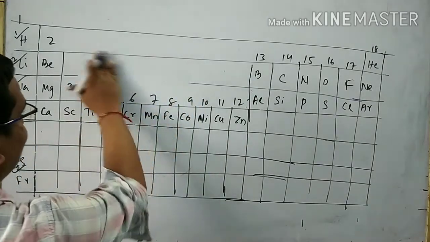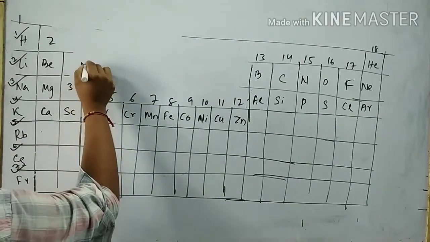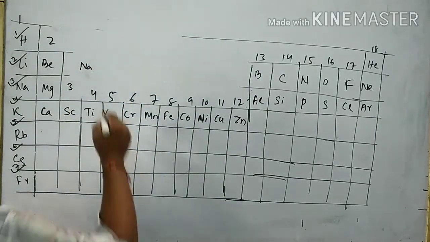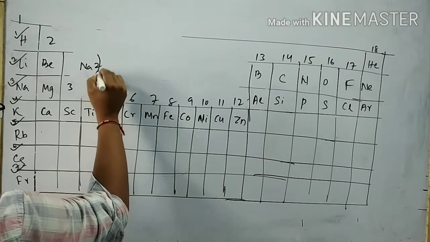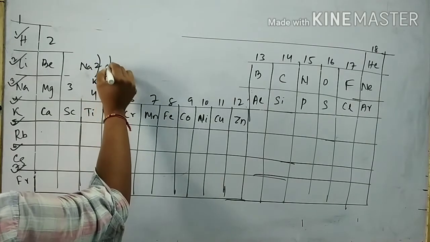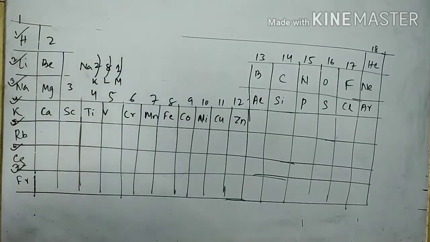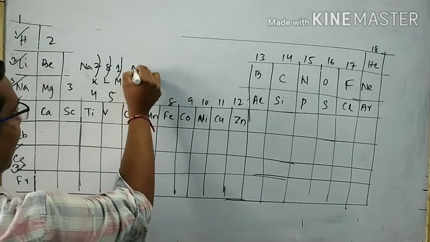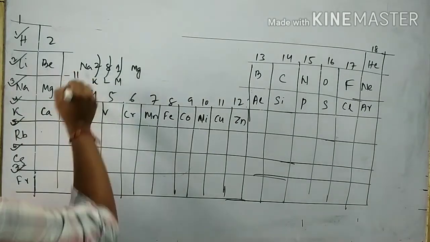Suppose I want to take the sodium atom. This is your sodium atom. It has the electronic configuration K shell having 2, L shell having 8, M shell having 1. This is sodium. Suppose I want to take magnesium. Magnesium has atomic number 12, but sodium has atomic number 11.